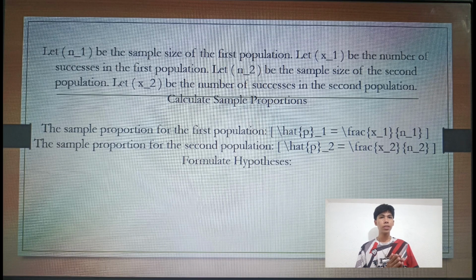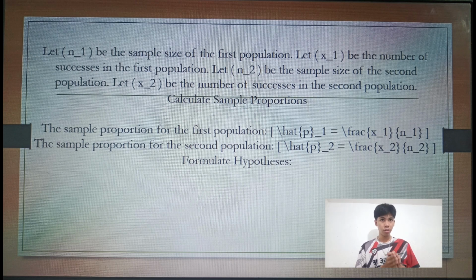Let n1 be the sample size of the first population. Let x1 be the number of successes in the first population. Let n2 be the sample size of the second population.